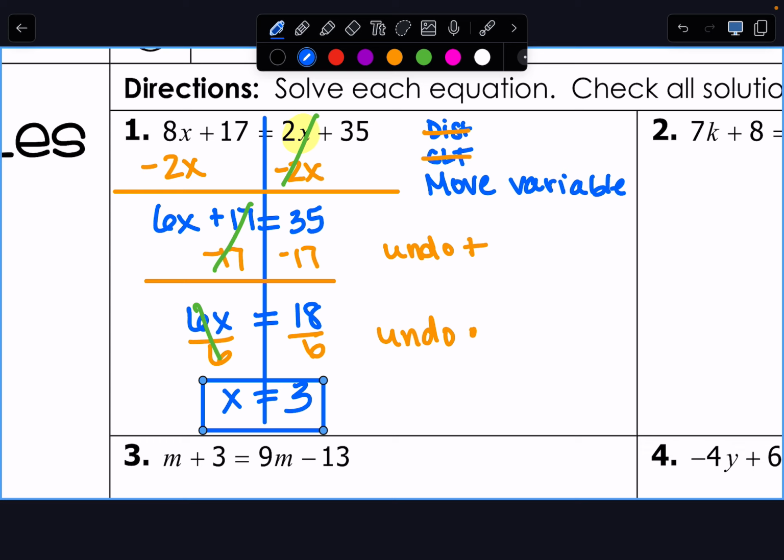What I was noticing in my previous class is I had a lot of students trying to do work in their head, and then they were losing track of some things on one side or the other, okay? I need to see your step of subtracting or adding the variables to be together. I need to see your step of subtracting or adding the constant, dividing or multiplying by that coefficient, okay?